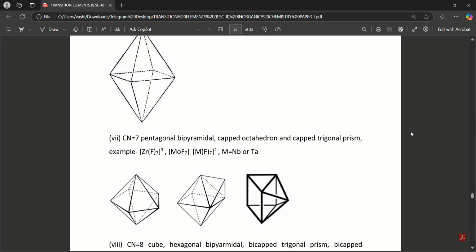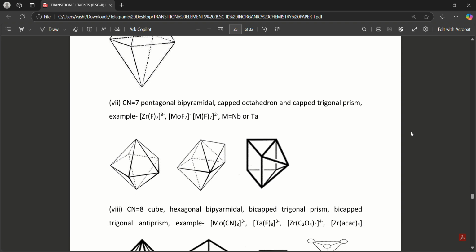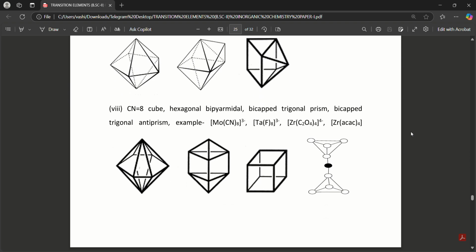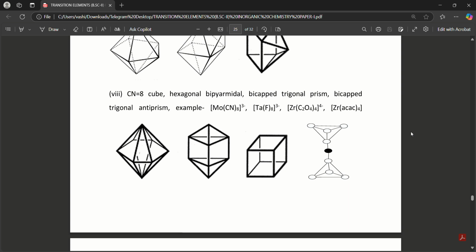CN equal to 7: pentagonal bipyramidal, capped octahedron and capped trigonal prism. Examples: [ZrF7]3-, [MoF7]⁻, [MF7]2-, M equal to Nb, Ta. CN equal to 8: cube, hexagonal bipyramidal, bicapped trigonal prism, bicapped trigonal antiprism.